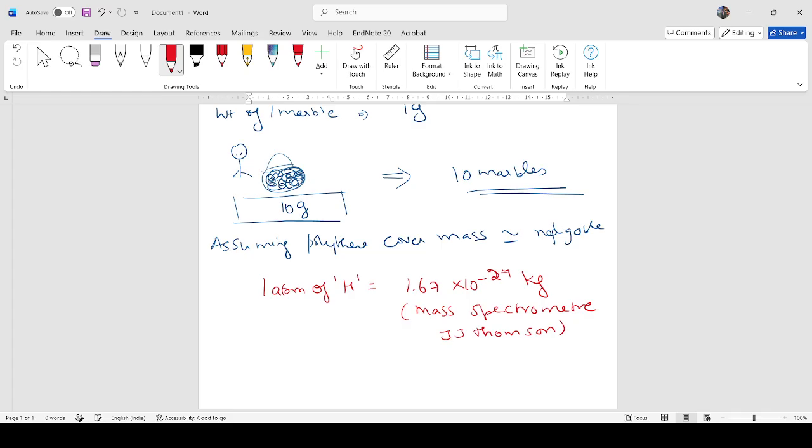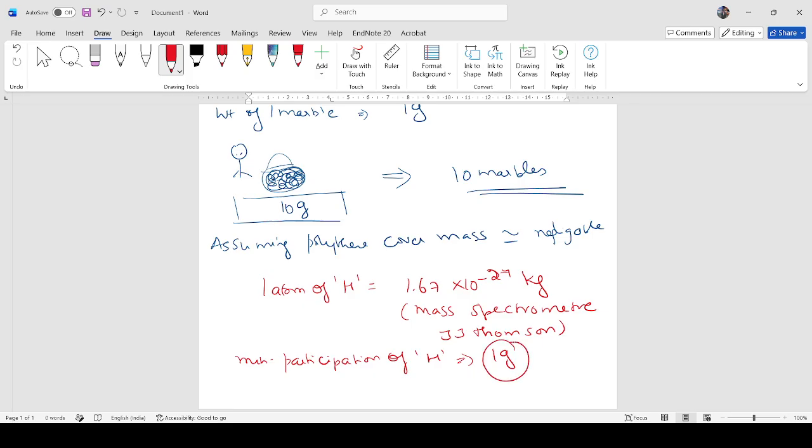Now, when you take any compound of hydrogen, you can find the basic minimum value with which hydrogen is participating. Mass, minimum participation, 1 gram. Yes, ma'am. Yes, 1 gram.